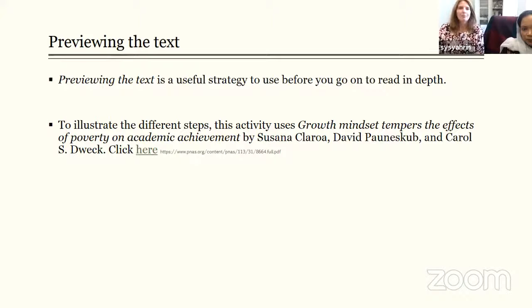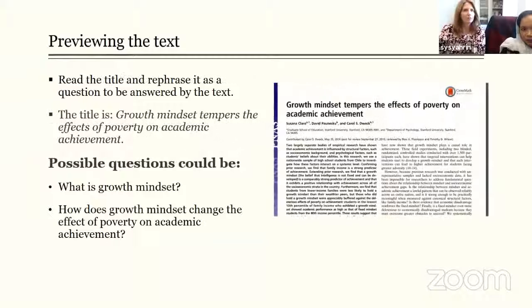Right away, you can look at the title and guess that this is an academic text. We have a lot of difficult terminology just in the title itself. So what do we do here? We're going to first read the title and rephrase it as a question to be answered by the text.